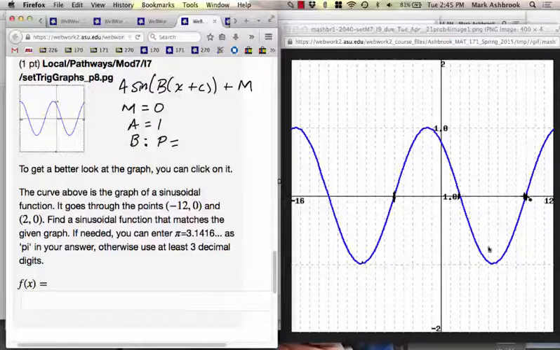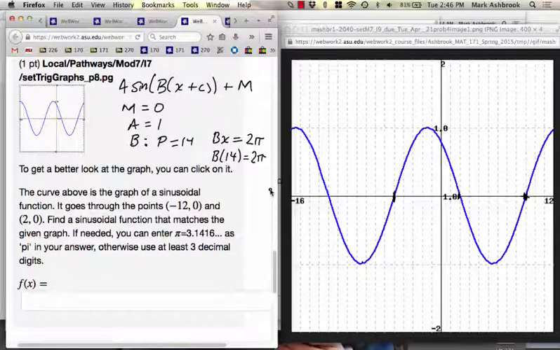So that there's a sine right there. And this is period of 14, which means that b times x, we want the argument to reach 2 pi. So that's when we reach 14 in x, we need the argument to reach 2 pi.